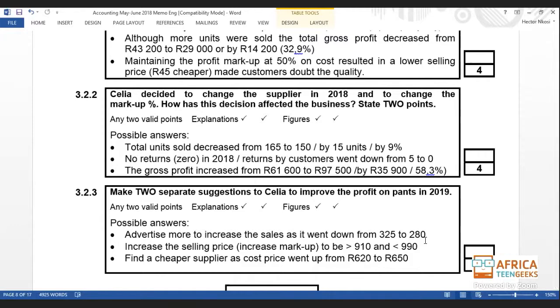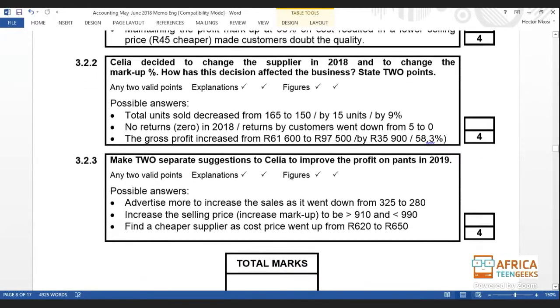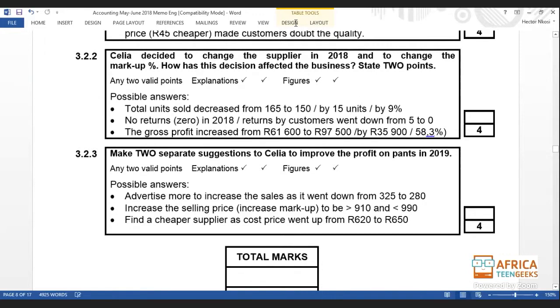I need to tell people more about it. People need to know about it. Also, I can align it with the selling price, find a cheaper supplier, as the cost price went up from 622 to 650.